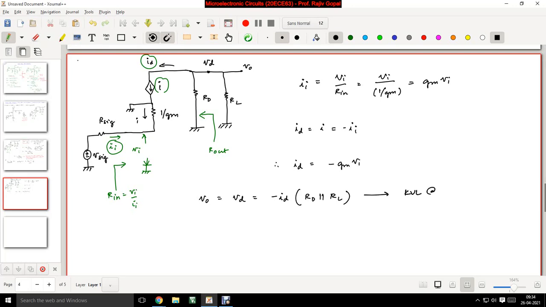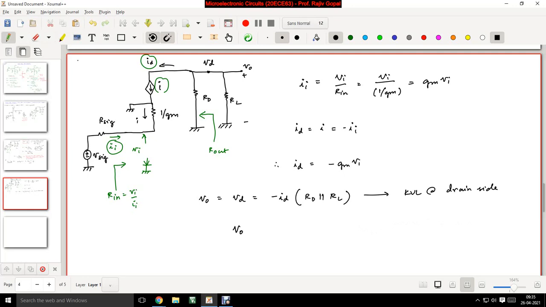KVL at drain side. Minus ID, because ID is going away, and V naught is plus and minus, so obviously the polarity is opposite. If you apply KVL, you get V naught plus ID into RD parallel RL equal to 0. Substitute the value of ID in this.